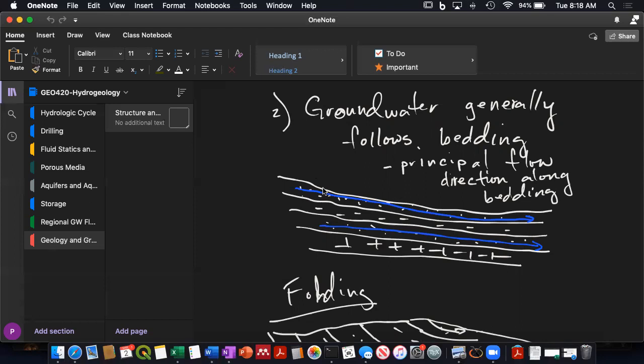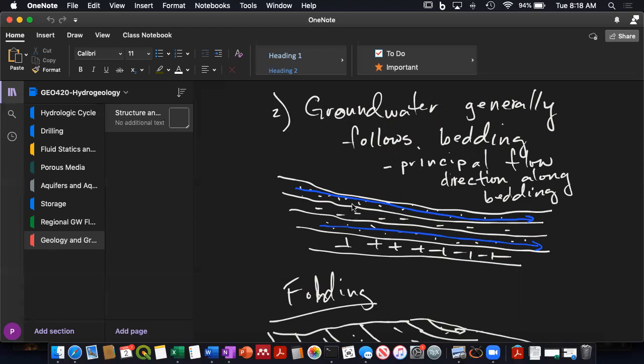And it turned out that the hydraulic conductivity across the bedding was set by the lowest hydraulic conductivity layer, essentially. And the average hydraulic conductivity parallel to the bedding was given by, or more affected by, the highest hydraulic conductivity.